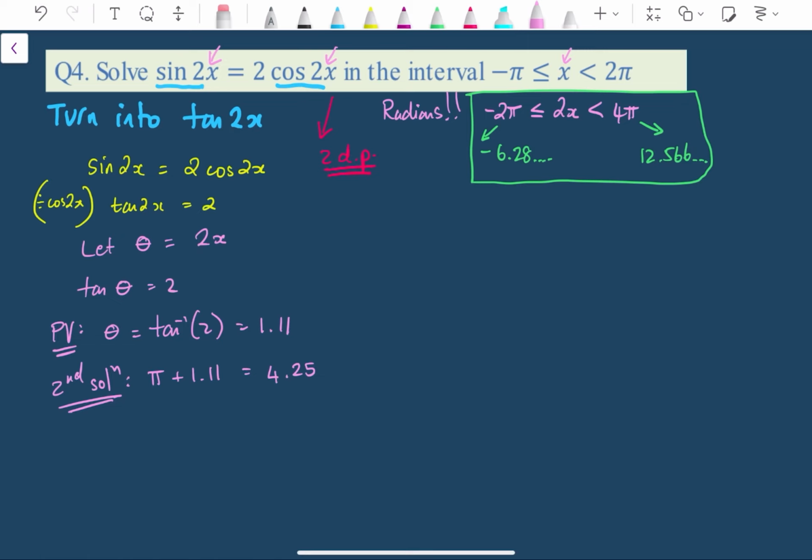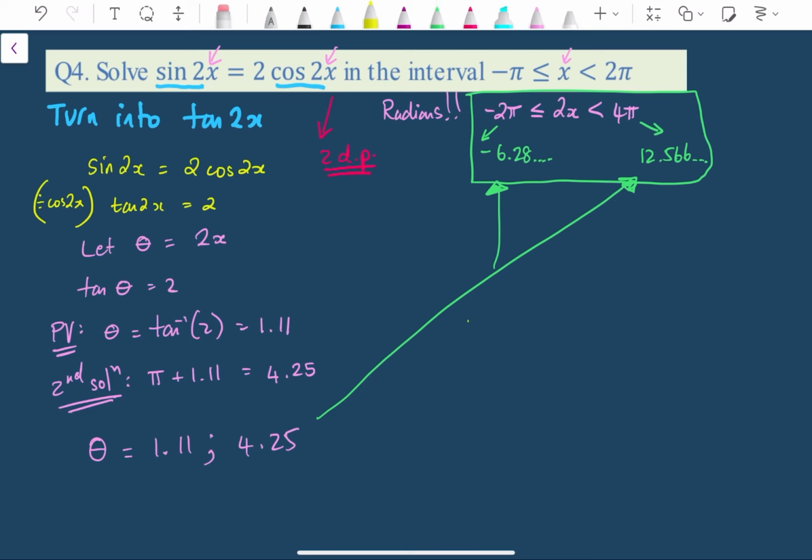So I list out all my solutions, 1.11, 4.25. I also know it's easy to see I need to find everything up to 12.56 and down to negative 6.28.